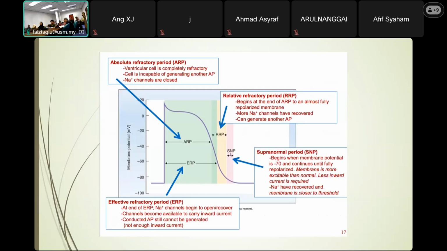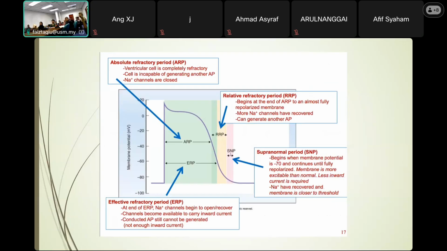If you remember just now, April 2023, they asked about the ERP. What is its significance? Basically it is the start of the opening of the sodium channels. Sodium influx is occurring, but the AP still cannot be generated because there is inadequate inward current.